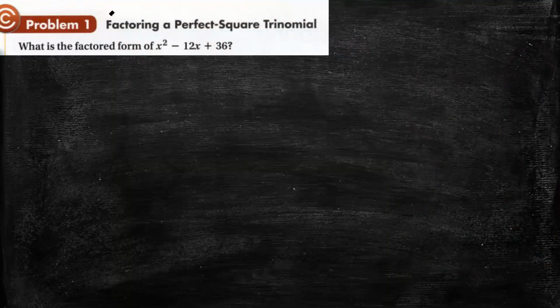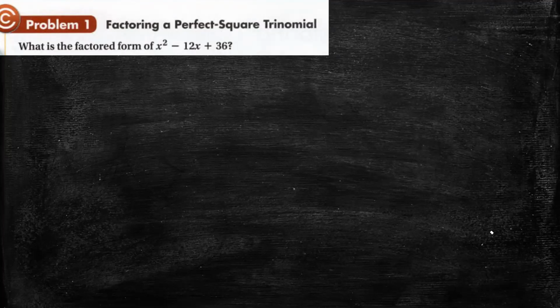Now, the first step. Look at this example here. We have x squared minus 12x plus 36. What do I have to do? The first step, I will go to x squared.